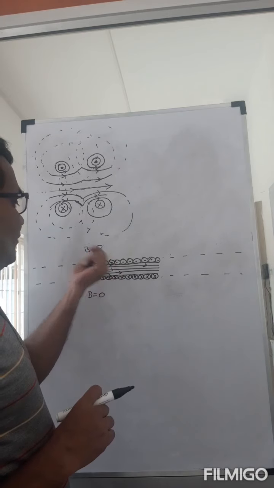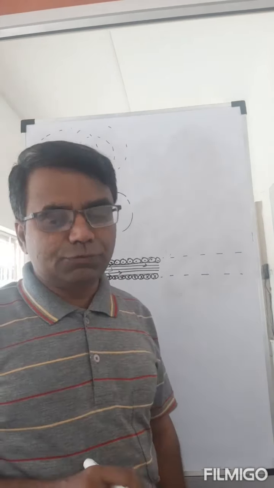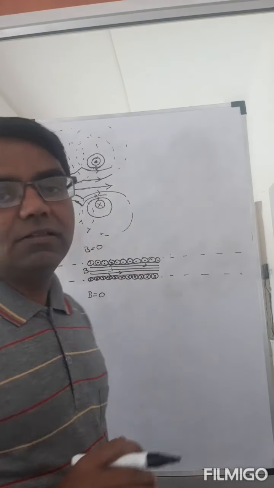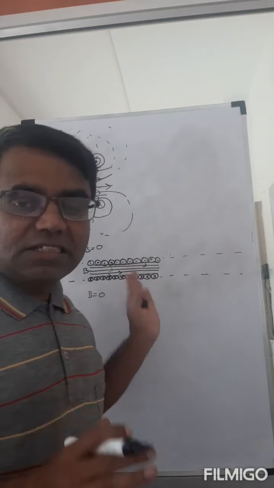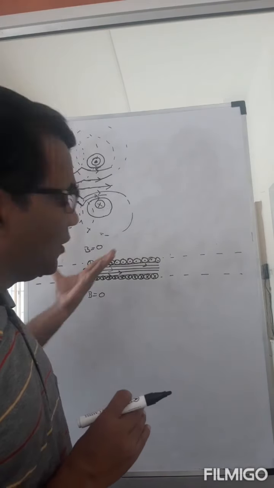Now you need to find the value of B. So how do you find the value of B? That's the question. That's what we are going to do now. Once we understand this, we will find this B, because this understanding is critical. You need to understand how the field lines of a very long solenoid would be. Okay, the length is much greater compared to the width.